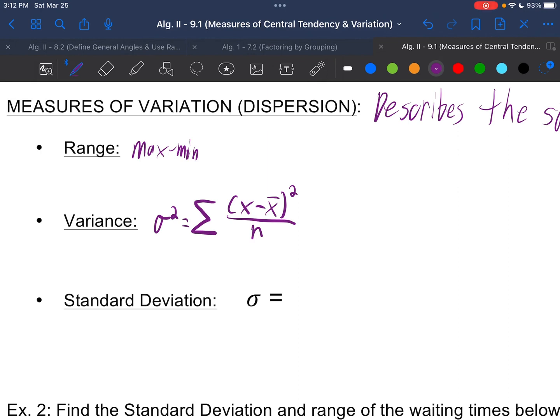And the standard deviation, if you notice, it's this symbol without the square, meaning to get there, you would have taken the same thing, the sum of each x value minus the mean, square that, and divide by the amount of data we have, and square root the whole thing in order to get it from a square to no longer being squared, aka it's equal to whatever the variance was square rooted.